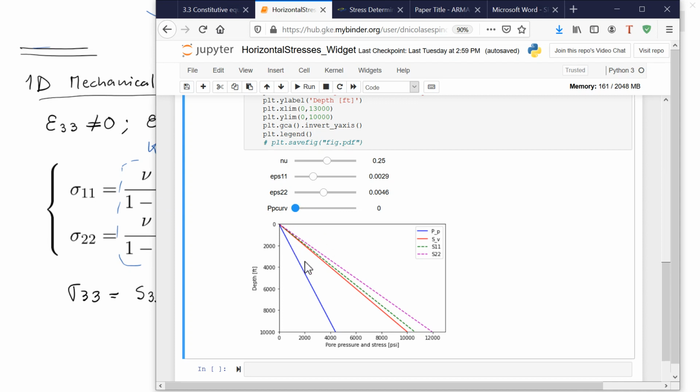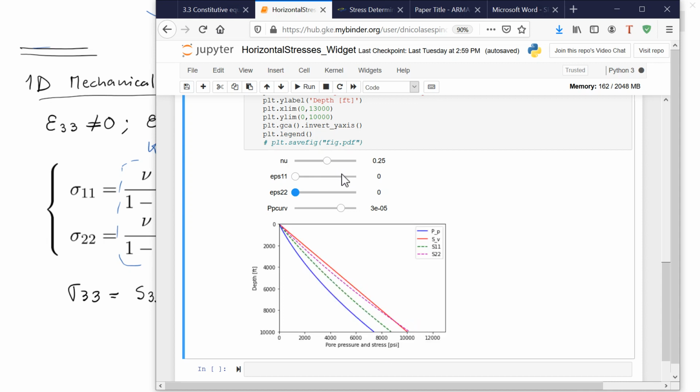And if I have my pore pressure change, then that's also going to affect the value of the total stresses, because let me come back here to the base case without tectonic strains.